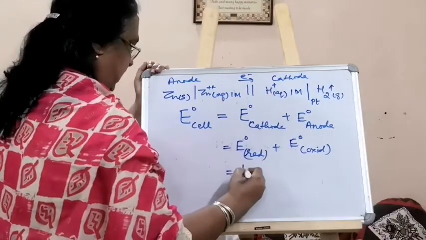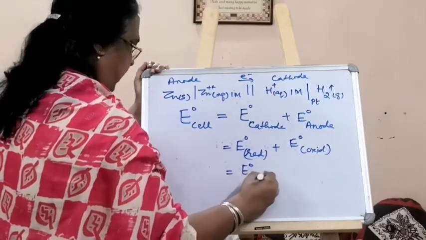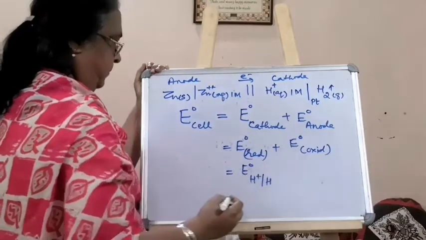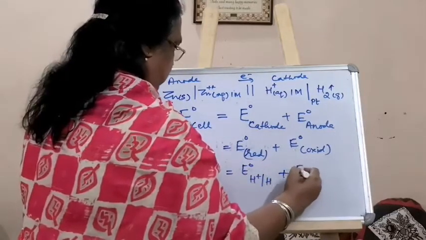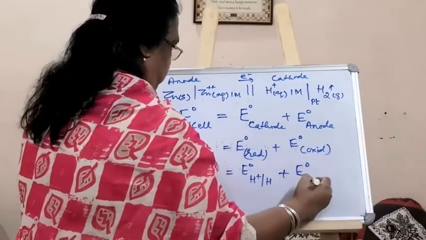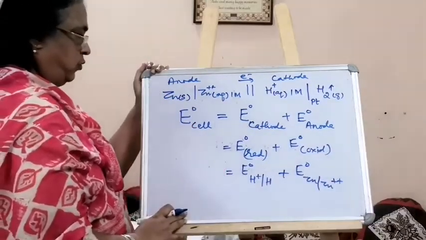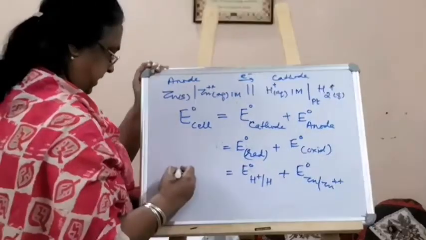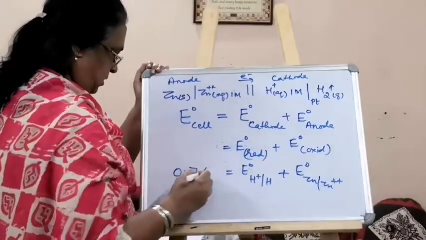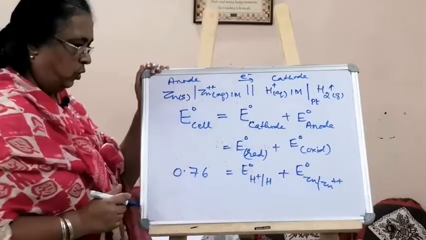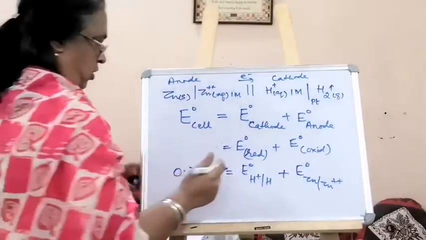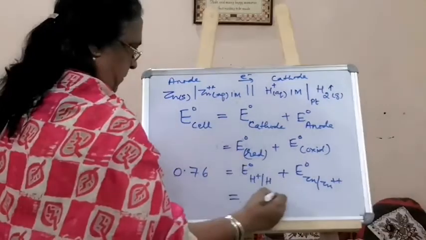That is E0 hydrogen ion over hydrogen plus E0 zinc solid over zinc ion. This way also we can write. And the reading is found to be 0.76 volt.